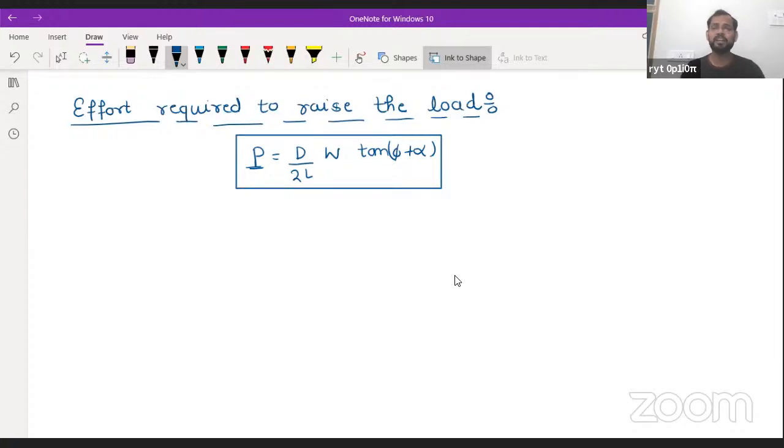Now I am explaining the terminology here. P is the effort required to raise the load. This is the expression for raising the load.